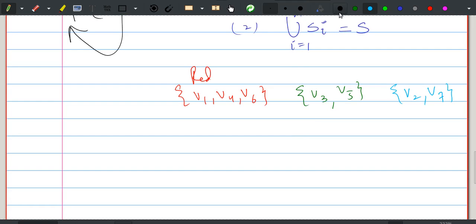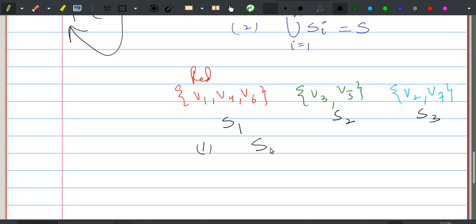Now if we call these sets S1, S2 and S3, one can observe that these Si's are mutually disjoint.